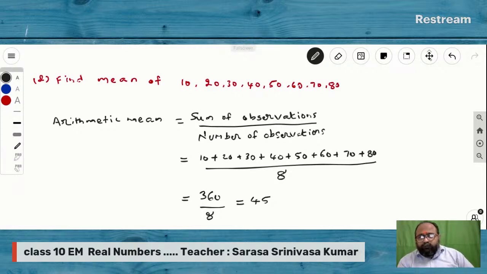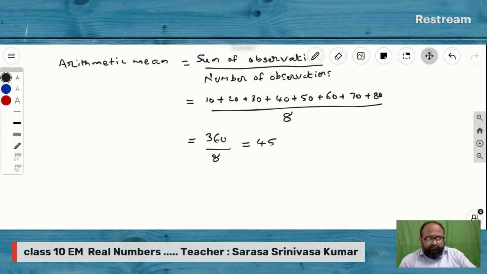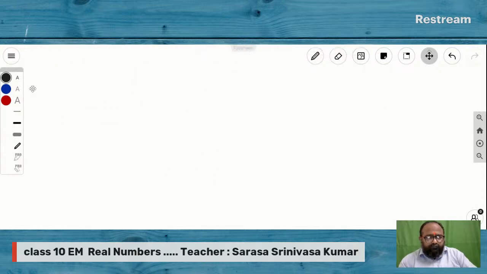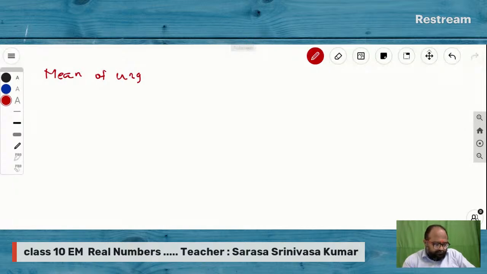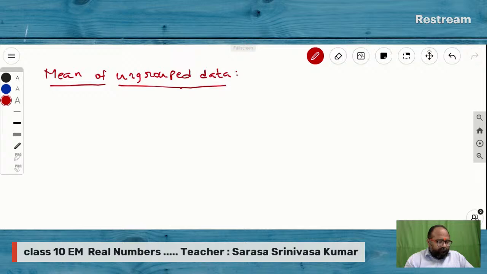Now we note down an important definition. Mean of ungrouped data. This is a very important result, an important formula.